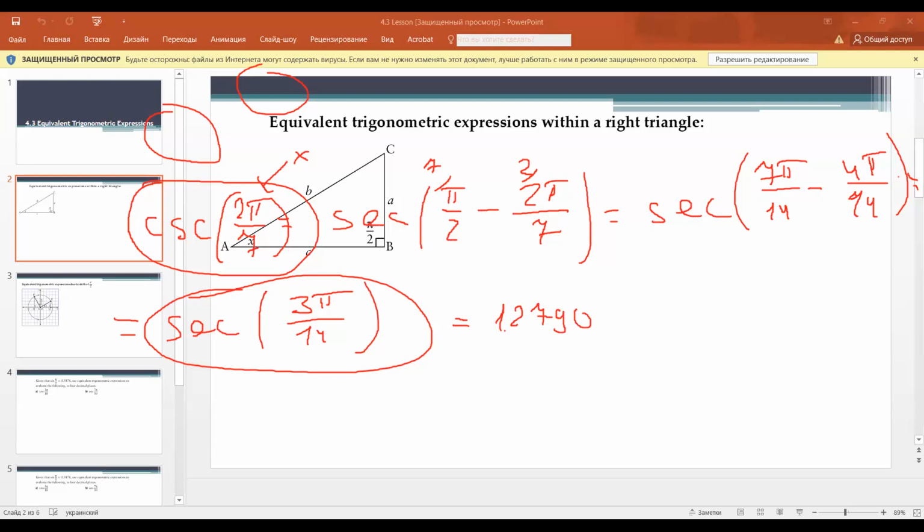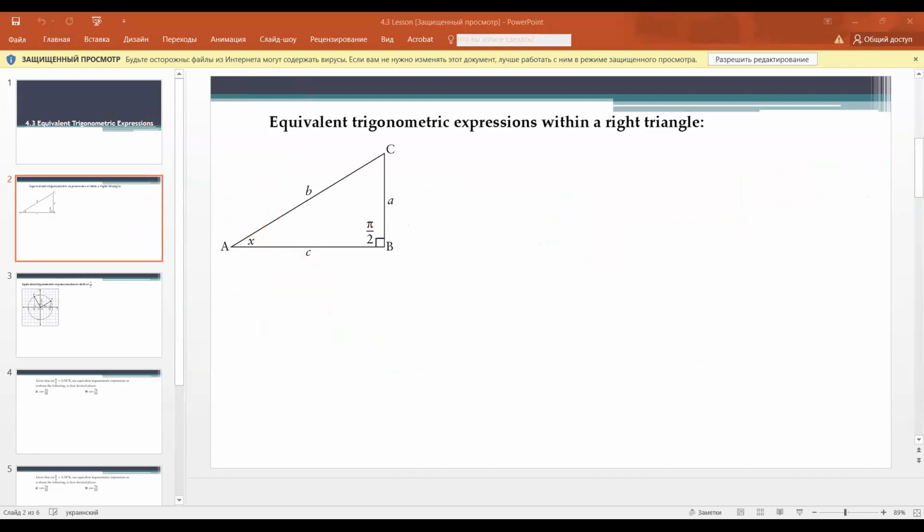So now you remember, in order to convert sine to cosine, you have to write pi over 2 minus x for whatever function. It's equal for both transformations, from sine to cosine and from cosine to sine. Okay?